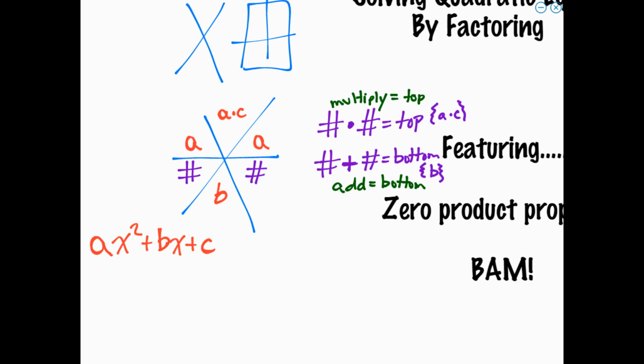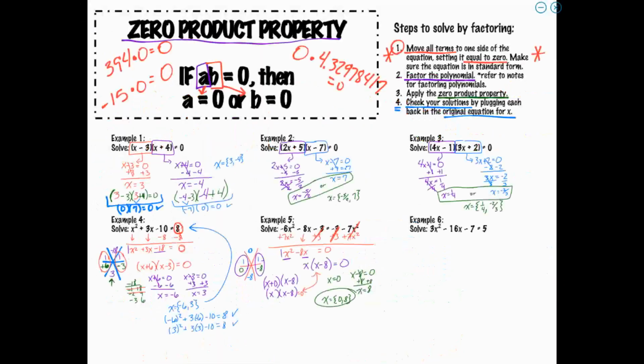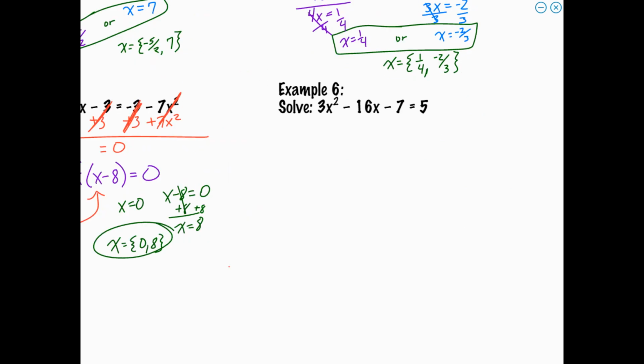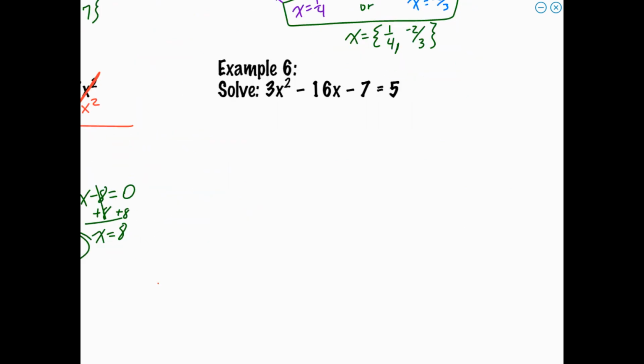So, the STAR method. Back to yesterday's paper, example 6. What's the very first question you need to ask yourself if we want to solve this with factoring? Does it equal 0?